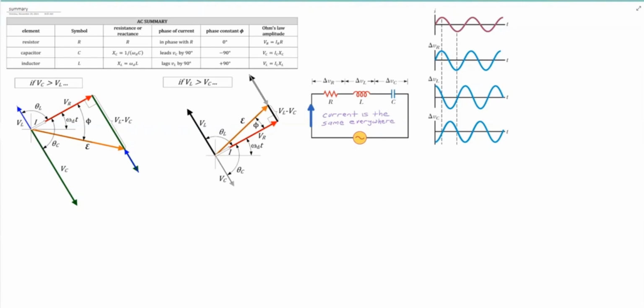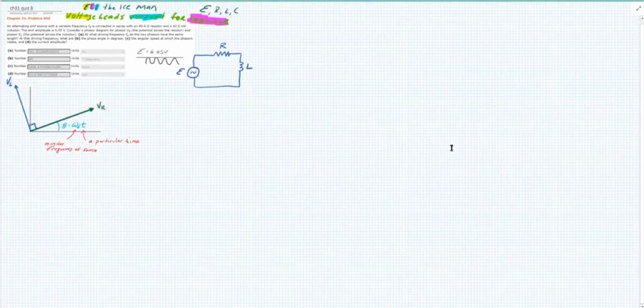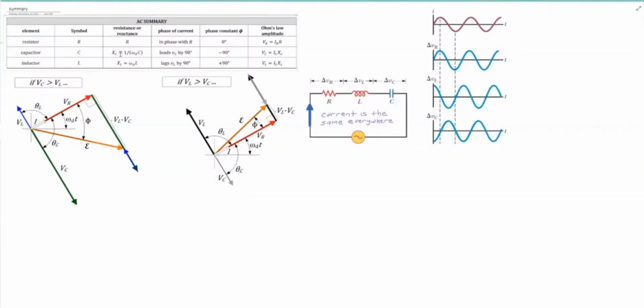Back to the problem here, quiz 8. If you notice in the summary diagram, it tells you that in an RLC circuit, the inductor voltage leads the current by 90 degrees. So everything's in here, pretty much everything.